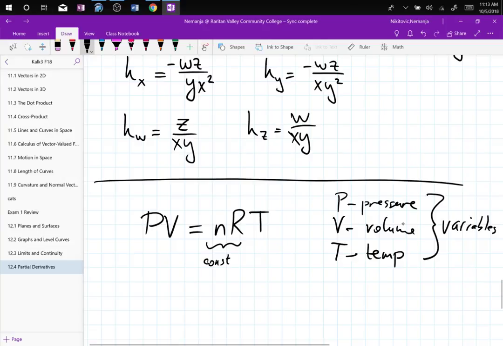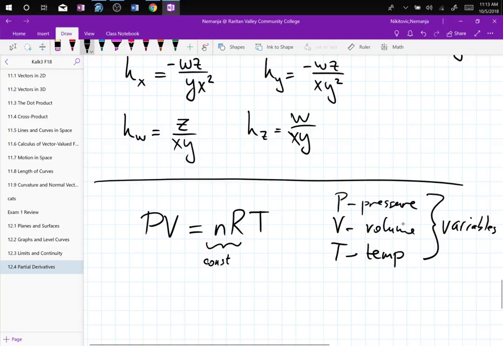What Calculus 3 allows us to do is to measure the change of pressure in respect to temperature, the change of pressure in respect to volume, the change of volume in respect to temperature, right? Any combination, because we have partial derivatives.